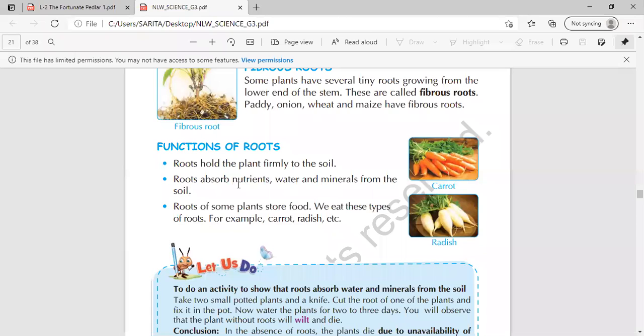Roots absorb nutrients, water, and minerals from the soil. They take all the nutrients, water, and minerals from the soil and send it to the plant. Roots send all these things to the stem of the plant.